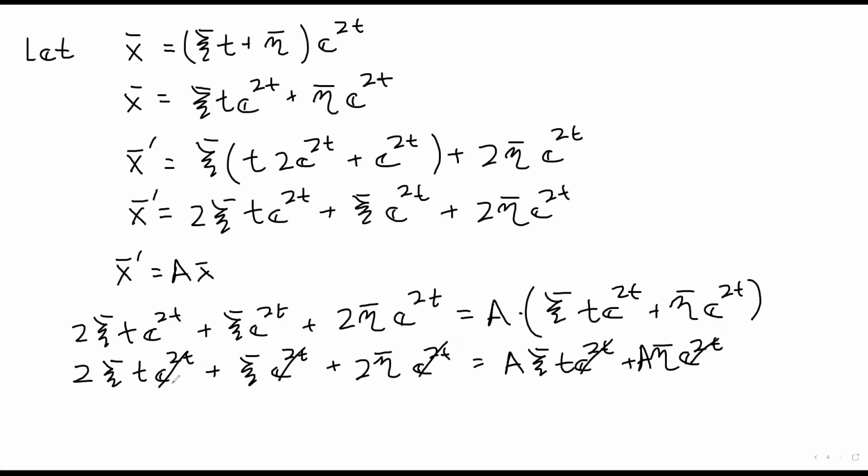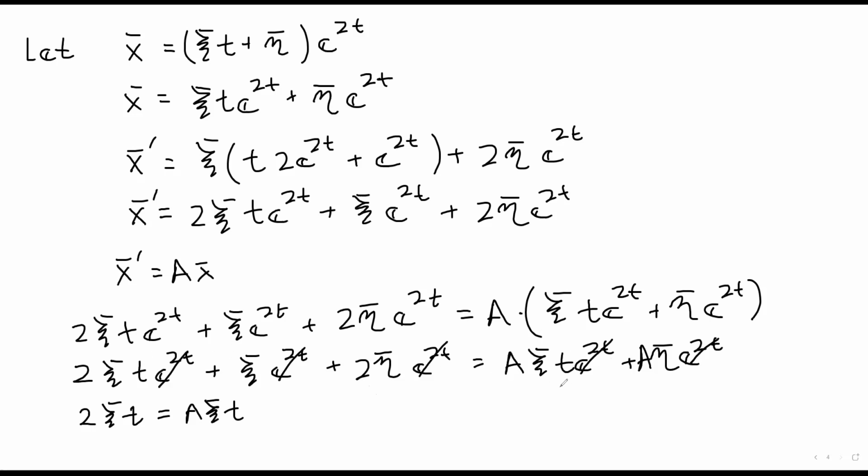Okay, and then next we're going to group things. Things that have t in them, we're going to group. So we'll have 2 xi t equals A xi t. So those have to be equal.